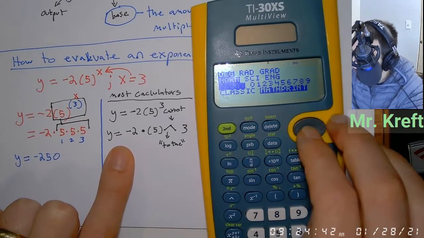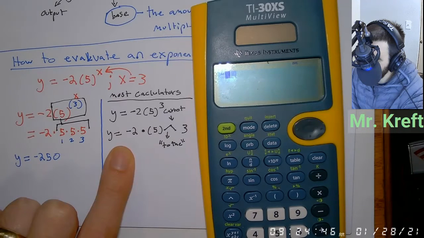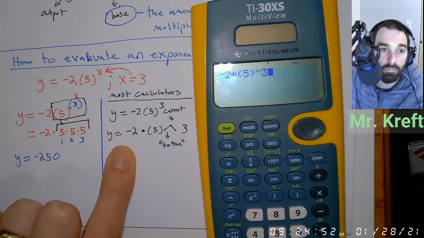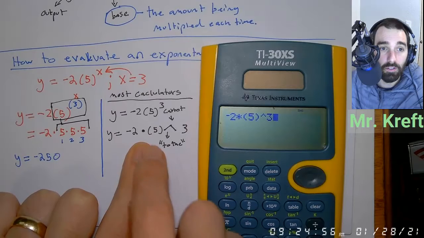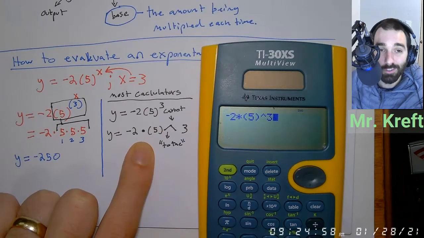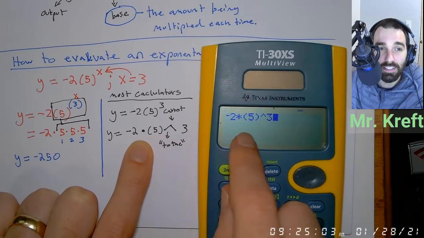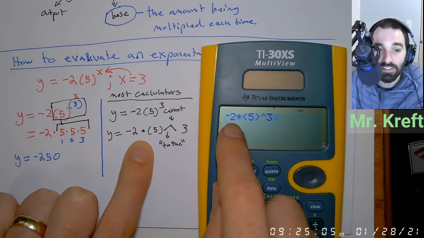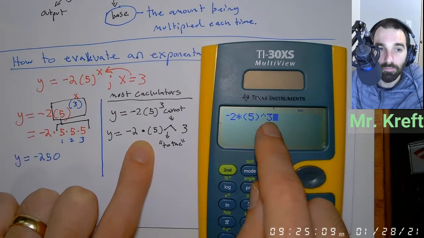Now, if I go to mode, not all of you have pretty font. If I did this without pretty font, it would look like this. Do you see that? I'm showing this because some of you have different calculators. If it's not pretty print, it looks exactly like this, and I would read it as -2 times 5 to the third power.